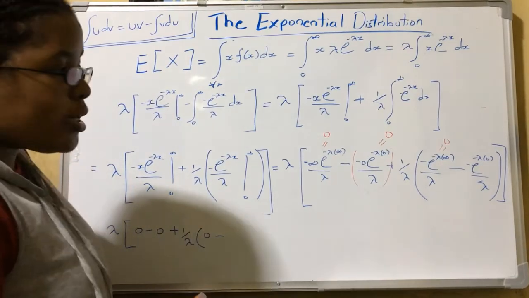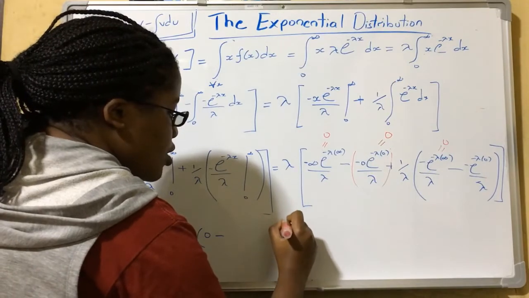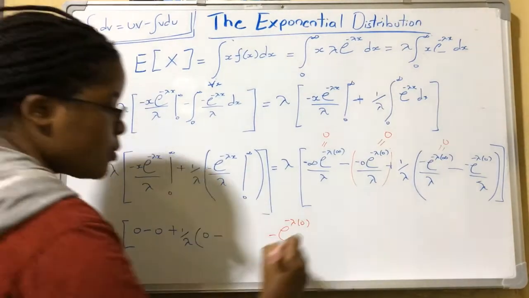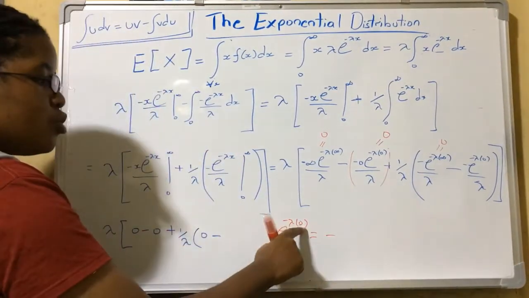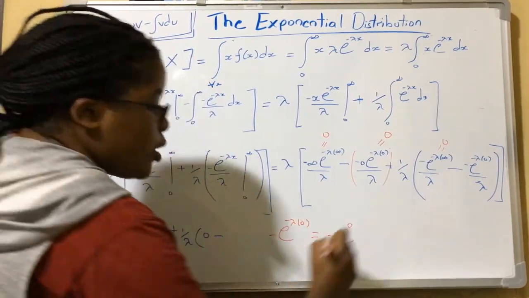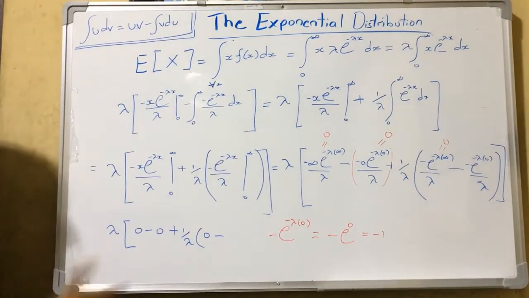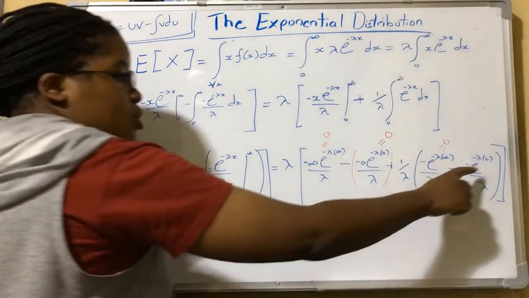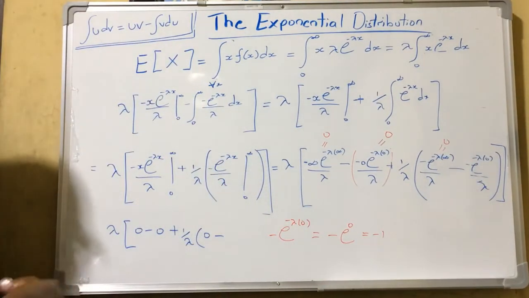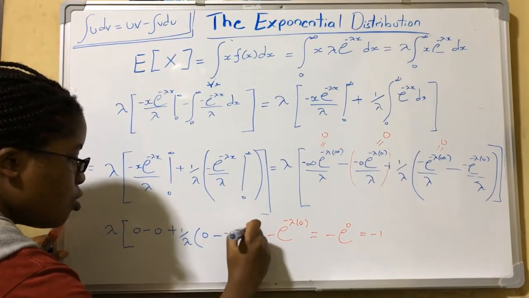Now for exponential negative lambda 0, I know that exponential raised to negative lambda times 0, negative lambda times 0 will simply be 0, and anything raised to 0 is 1, so this becomes negative 1. So negative exponential negative lambda 0, this whole expression here can be expressed as negative 1. So 0 minus negative 1 over lambda.